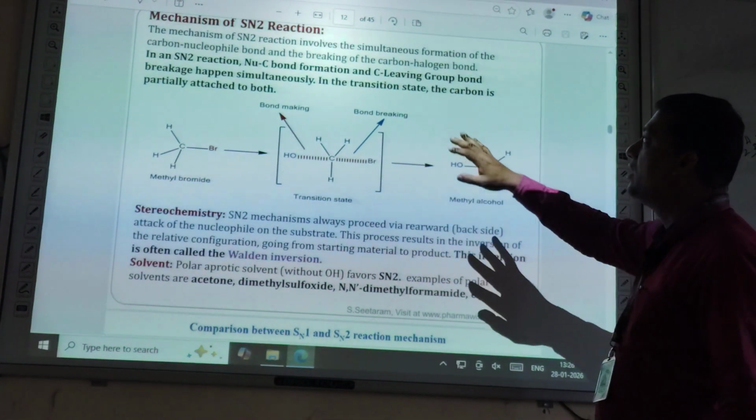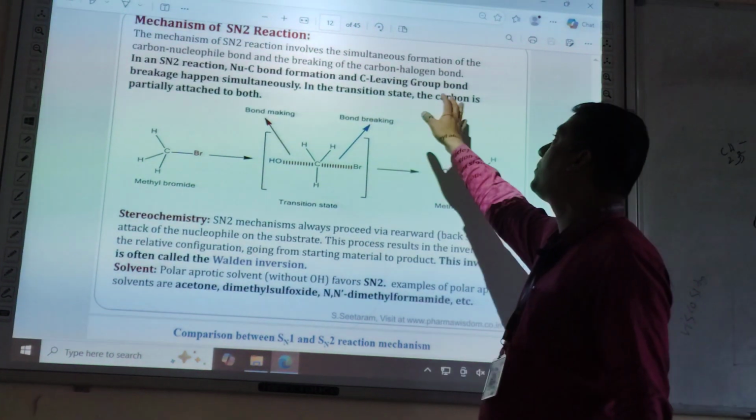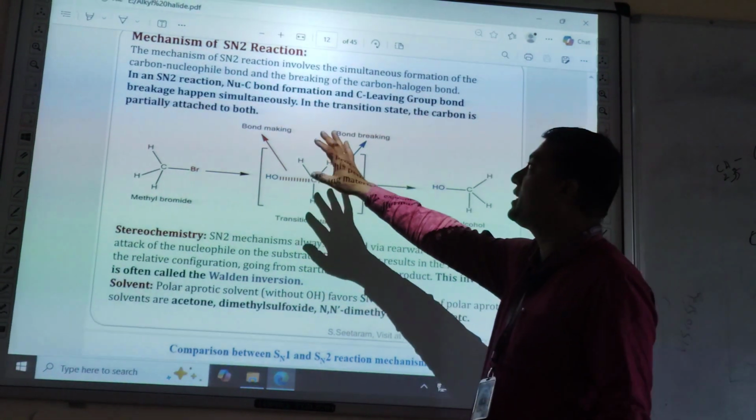In the SN2 reaction, nucleophile-carbon bond formation and carbon-leaving group bond breakage happen simultaneously.